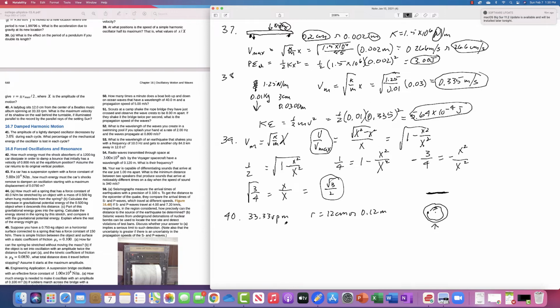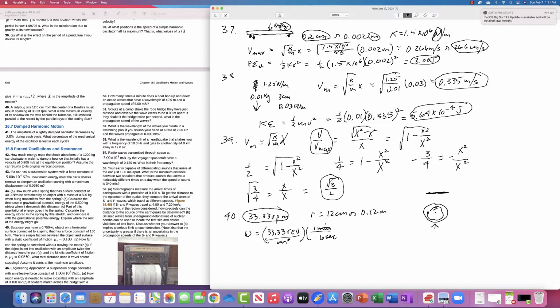First of all, if we calculate the angular velocity based on this revolutions per minute, 33.33 revolutions per minute times 1 minute is equal to 60 seconds.